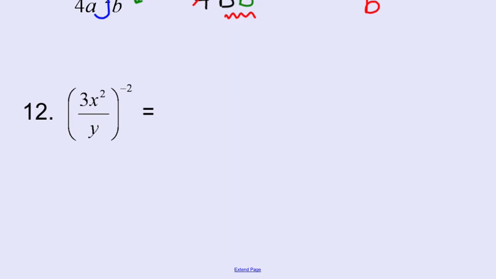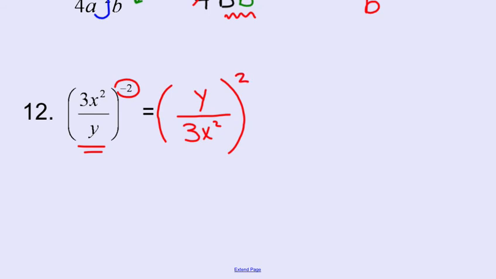All right, question 12. You can do this problem a couple ways. I'm going to show you the faster way, and then I'll show you the other way. So what we have is negative 2 raised to this whole thing. If you want to make that a positive power, you can flip the fraction. So the y comes up on top, the 3x squared goes down to the bottom, and now you have a positive 2 power.